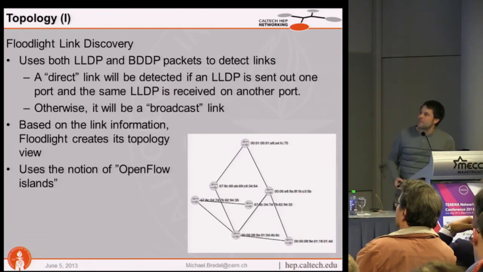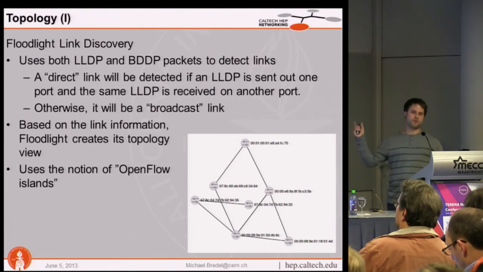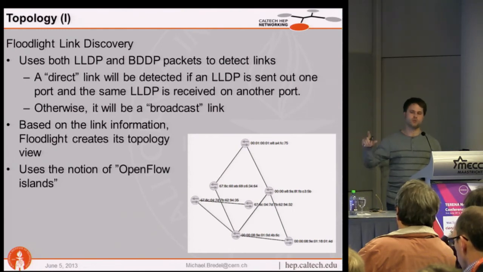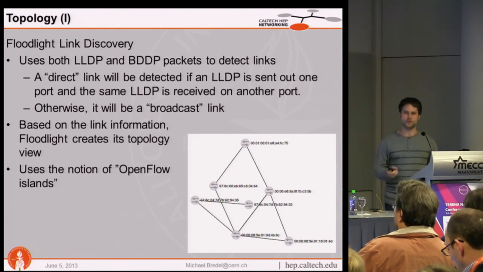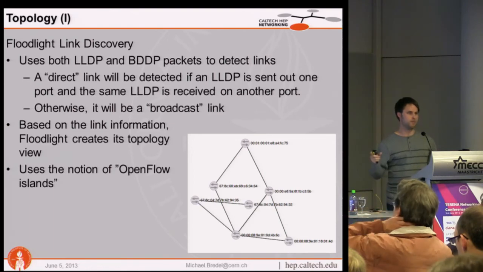So the link discovery, for example, just uses LLDP packets that are sent from each switch to the next switch, and modified LLDP packets so that if you have non-OpenFlow equipment in between, where the LLDP packets usually are consumed, they still get through. So we changed them a little bit. They have a different data link layer type, and then they go through even if there's non-OpenFlow equipment in the path.